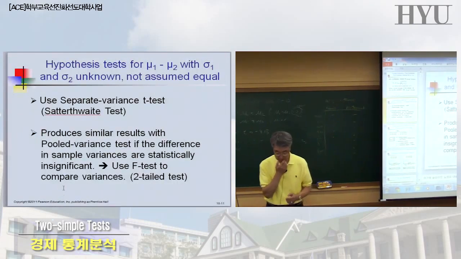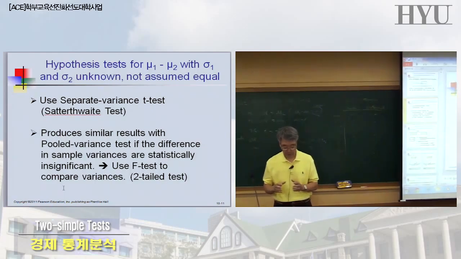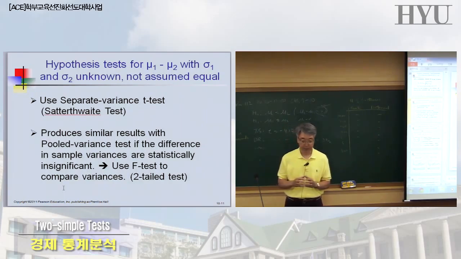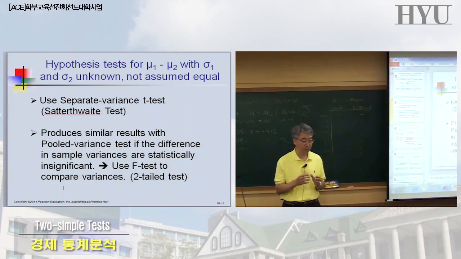If the difference between the variances of the two populations is very small, then there will be virtually no difference between the pooled variance test and the Satterthwaite test.